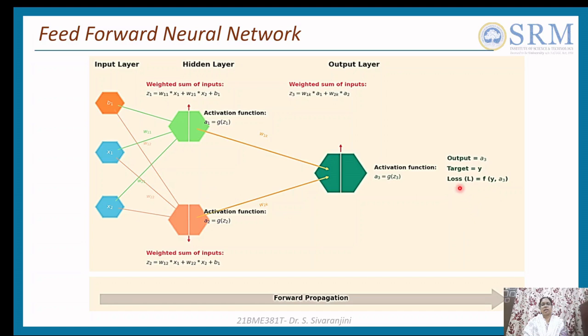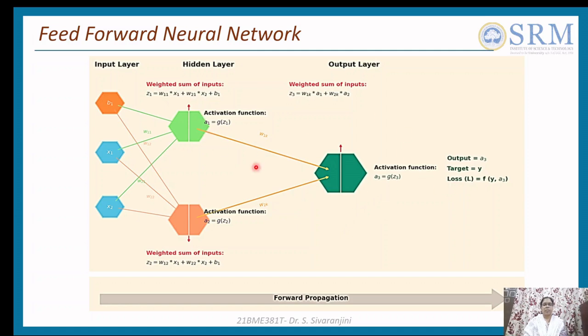This error value is fed back to the hidden layers. Why is this fed back? In order to train the system and make it know what it is learning and give a proper output, back propagation goes on. This is what is called back propagation.